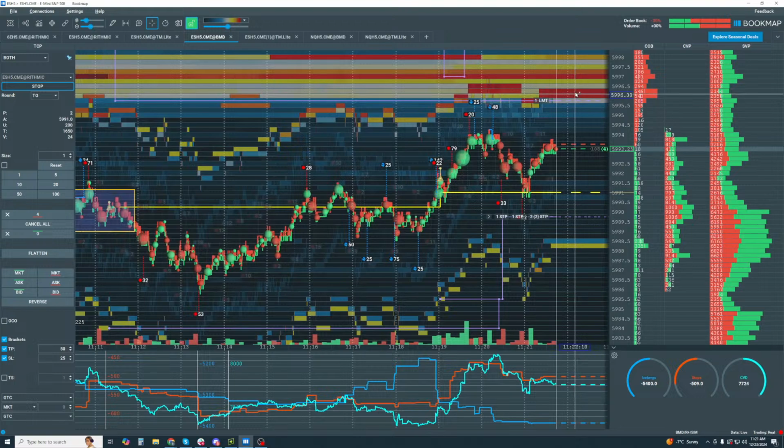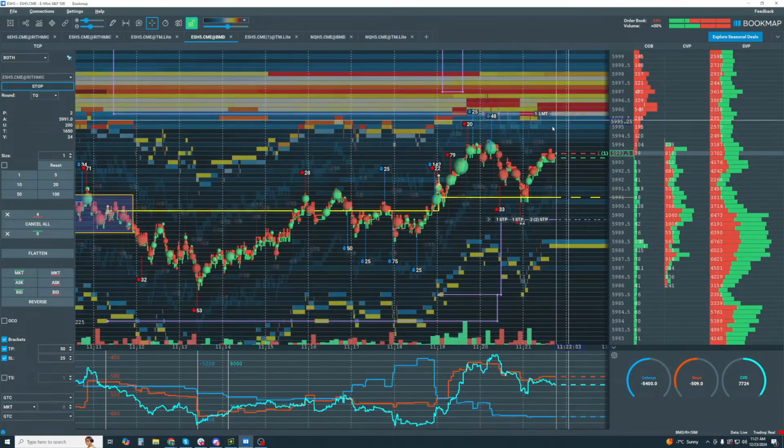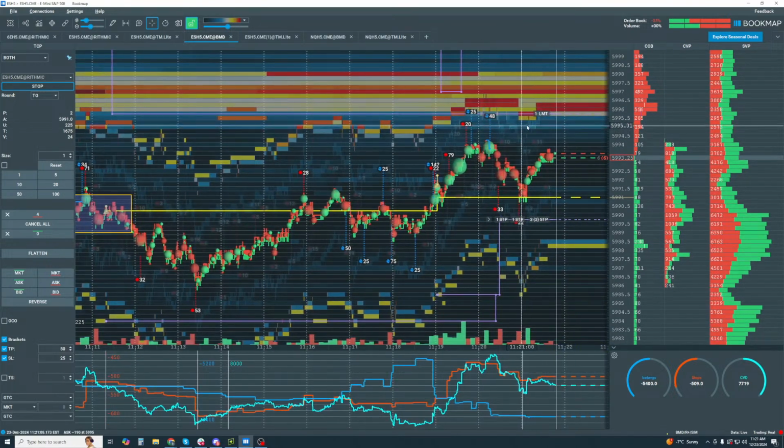If we get enough buying up again here, that's where we can even enter another position. And again, this is not trade recommendation.